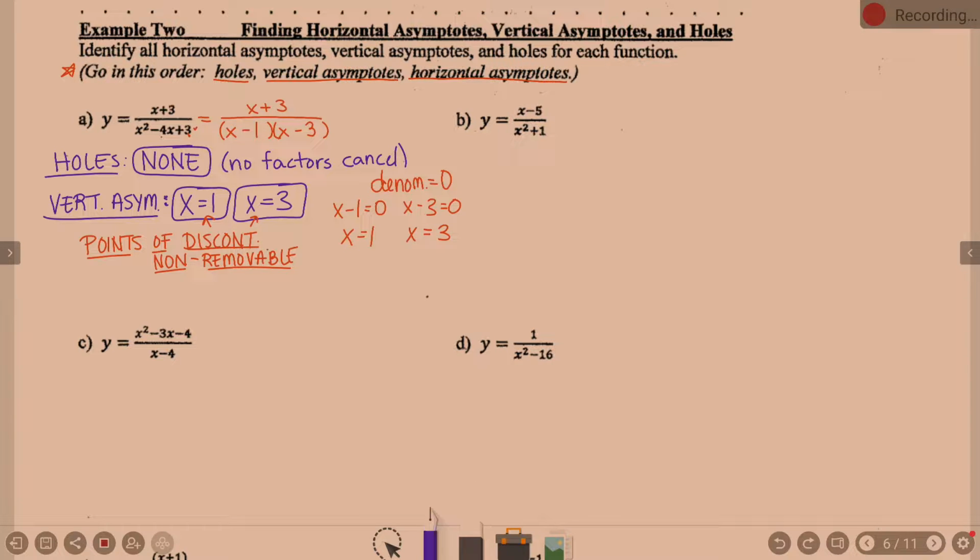Okay, we checked holes. We checked vertical asymptotes. Now we have to find any horizontal asymptotes. So, horizontal asymptotes, did you flip back to remember?